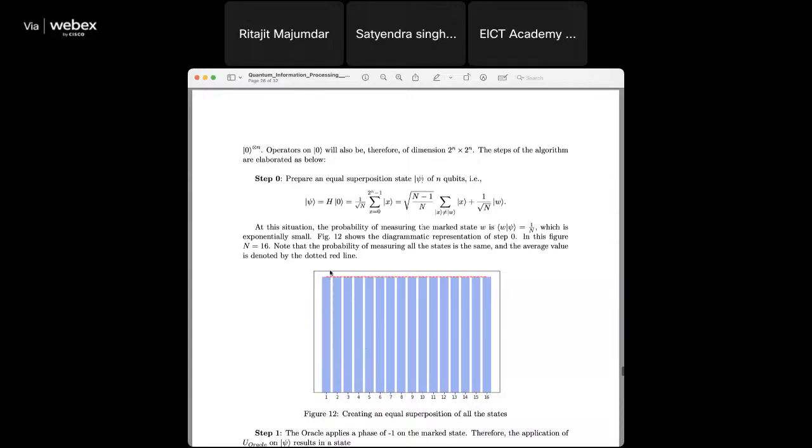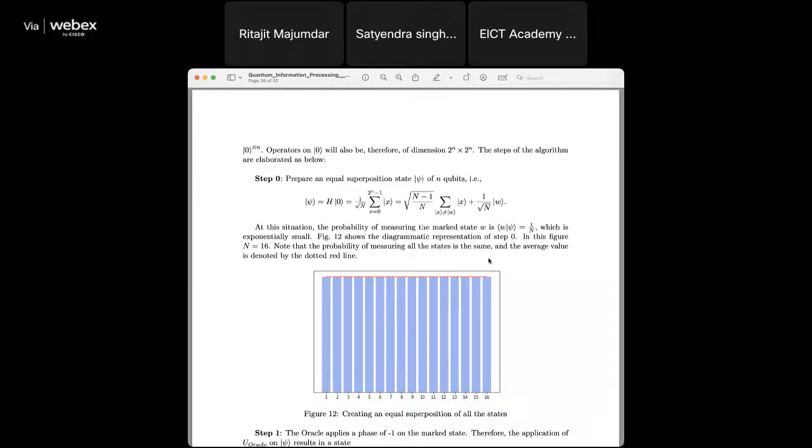These blue bars give us the probability that I'll get state 1, the probability that I'll get state 2, if I measure this one. And since it's an equal superposition, the probability of getting any of these states is equal. That's why the heights of the bars are the same for all of them. There are 16, which means it's basically 2 to the power 4.